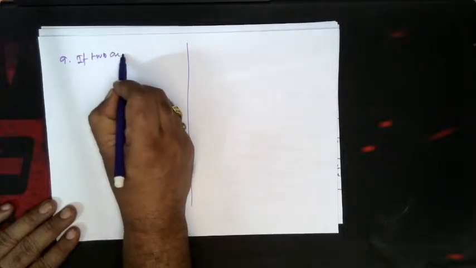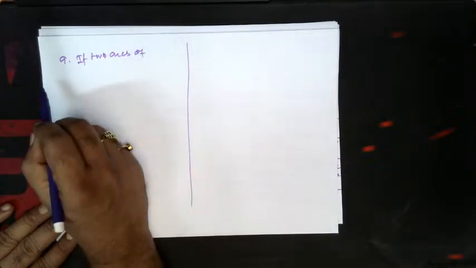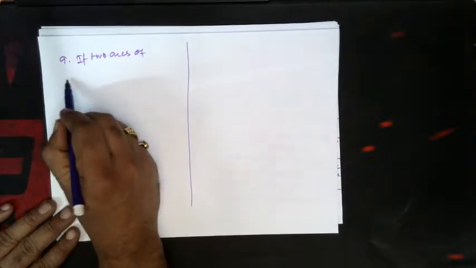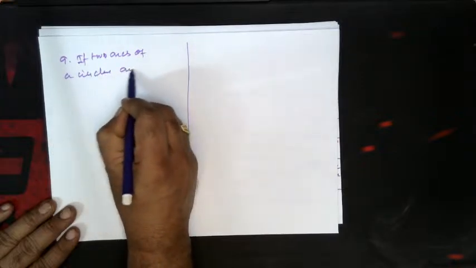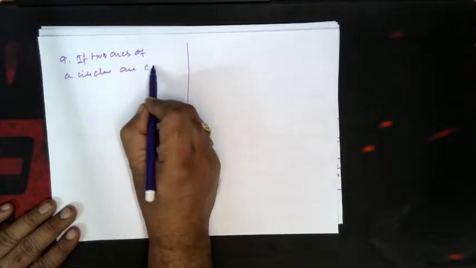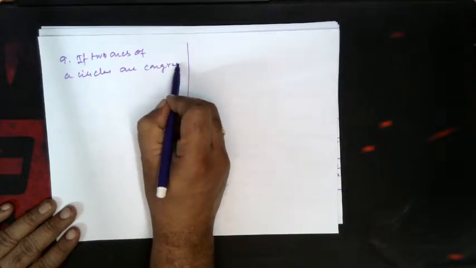Now let us proceed with the 9th point. If two arcs of a circle are congruent, congruent means equal in all parameters.